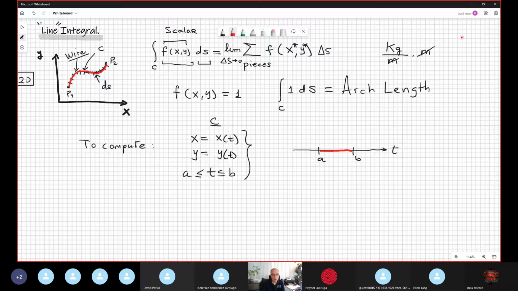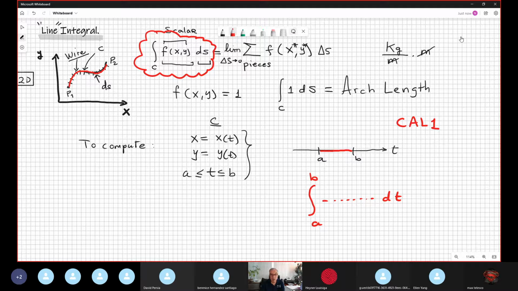And this allows us to convert this line integral into one integral, exactly what we are doing in Cal 1, because you integrate with respect to t, and t varies from a to b. So basically I convert this integral into another integral dt from a to b. Do you understand this? Okay, but I need to explain everything in detail. I bring a lot of examples.